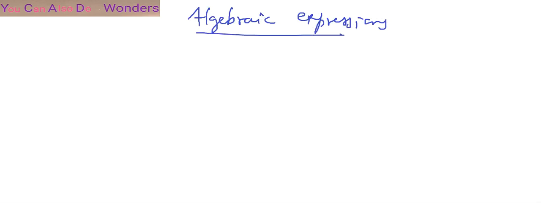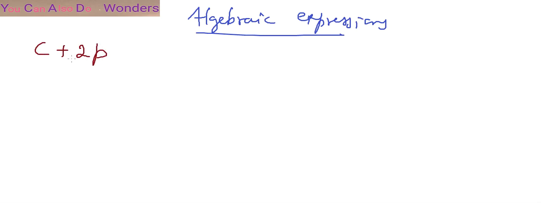So in the last video, we saw algebraic expressions, for example, C plus 2P. C represents the cost of each chocolate and P represents the cost of each pen.